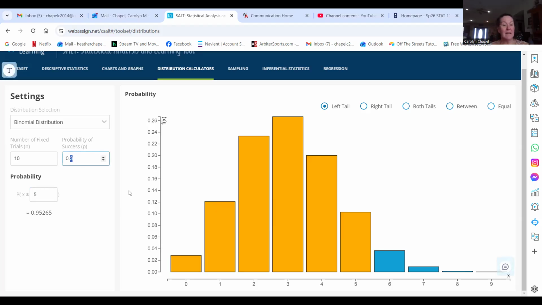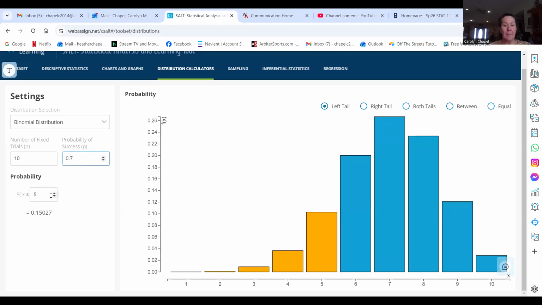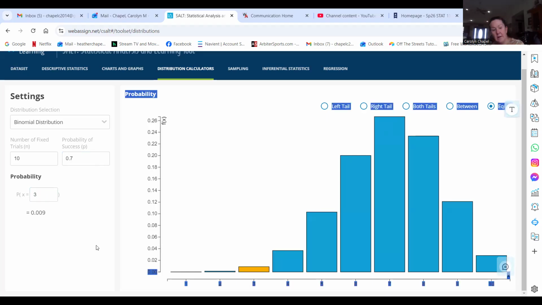So the not getting done is 70%. And I want an equal to, so I'm changing my button to an equal to, and equal to 3. And that is 0.009. Okay, so that is how quick technology can work for us.